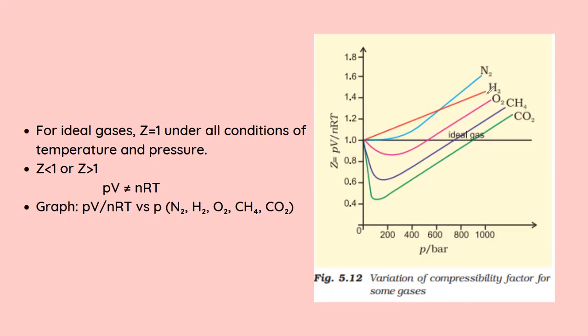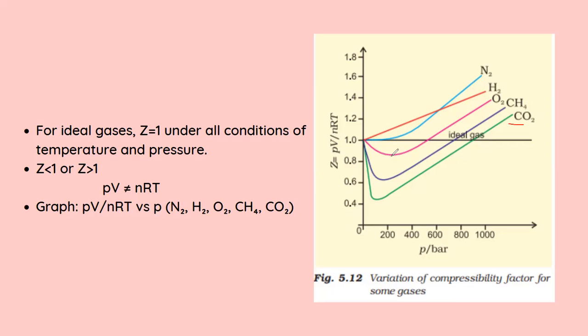So for gases like hydrogen, because the value of Z is always greater than 1, they are always going to be less compressible than expected. On the other hand, for gases like carbon dioxide, methane, and oxygen, if you notice, there's a minima value that we get.